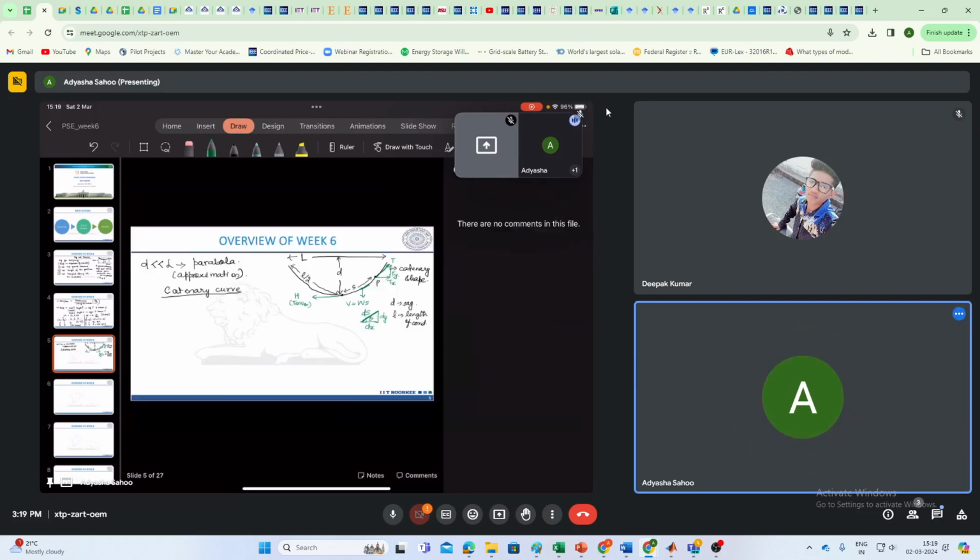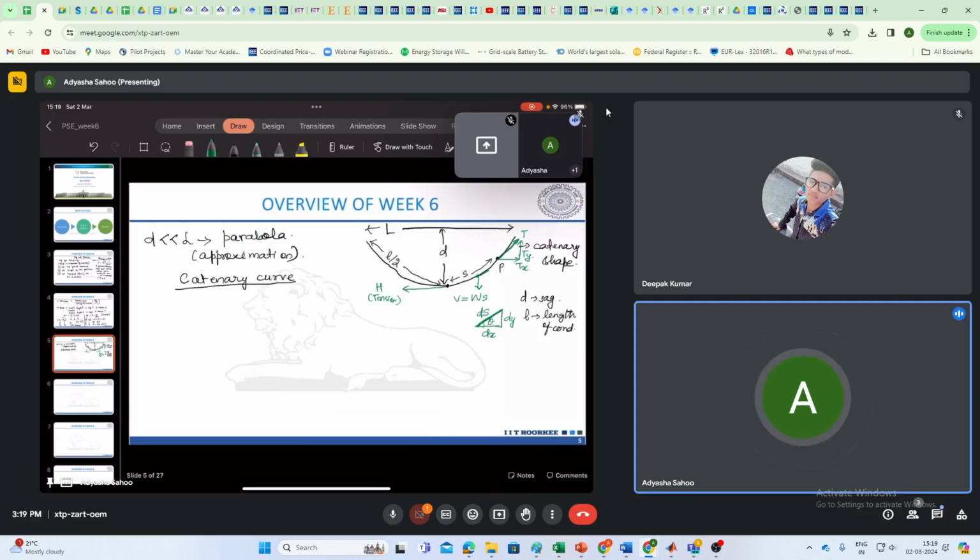So what can I write here? This theta is similar to this angle theta. So tan theta will be basically dy by dx, or from this upper triangle I can write it as Ty by Tx, and Ty will be same as your V, and Tx will be same as your H. This is the relation here.